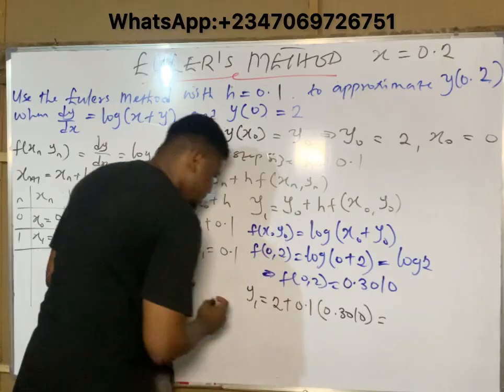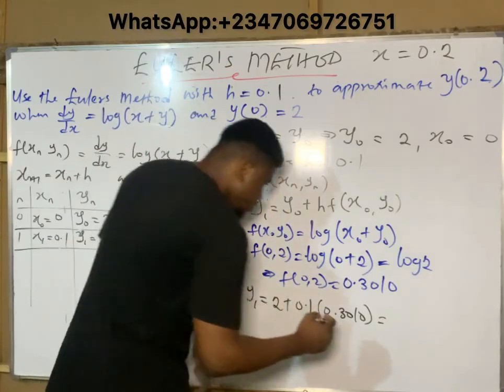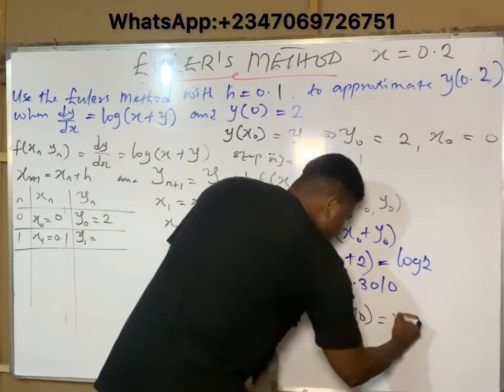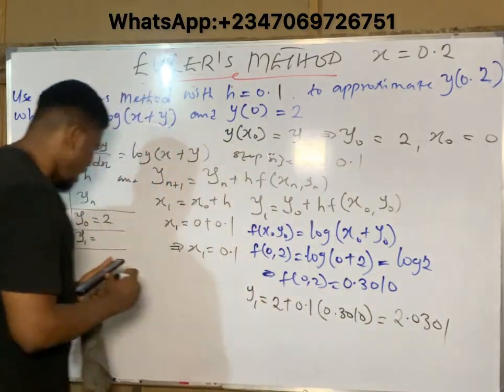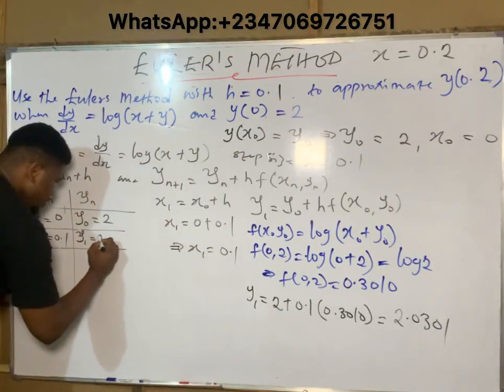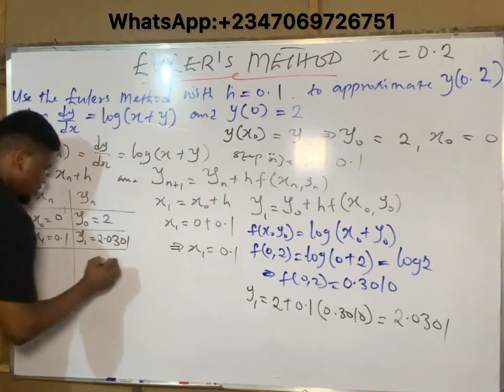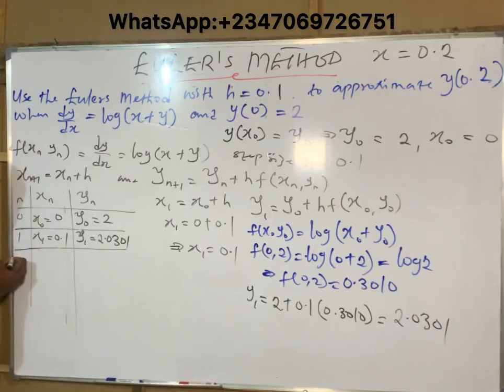So I'll simply evaluate everything together. This simply gives us 2.0301. So our y1 is 2.0301.